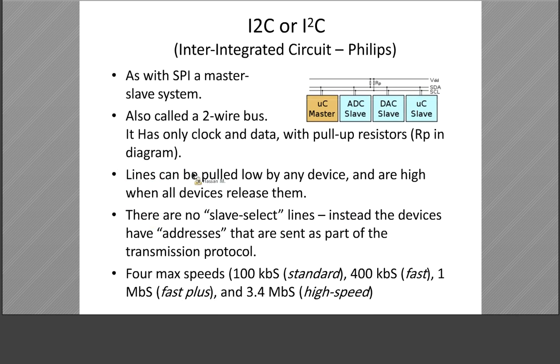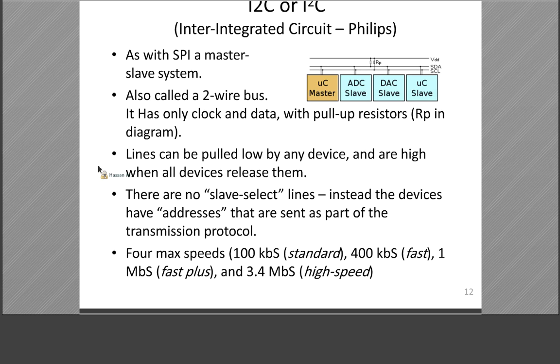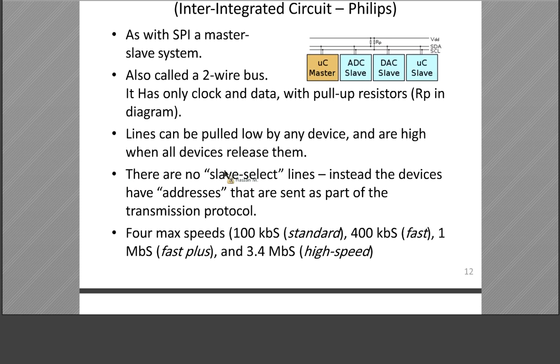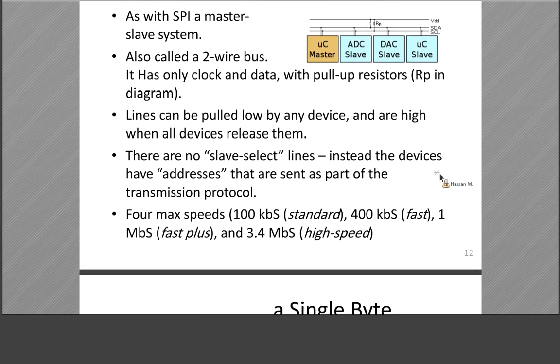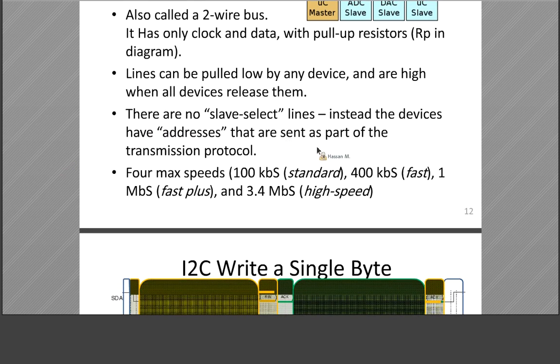Lines can be pulled low by any device. That means a start of a communication, and are high when all devices release them. That means idle mode. There are no slave select lines, no MISO, MOSI, slave select, etc. Instead, the devices have addresses that are sent as part of the transmission protocol, as part of the data block.